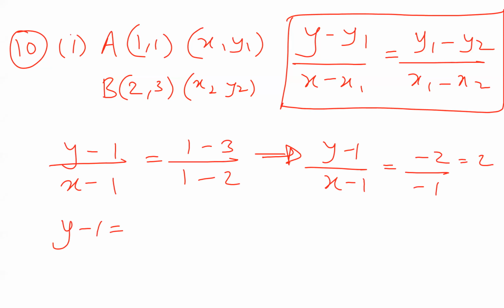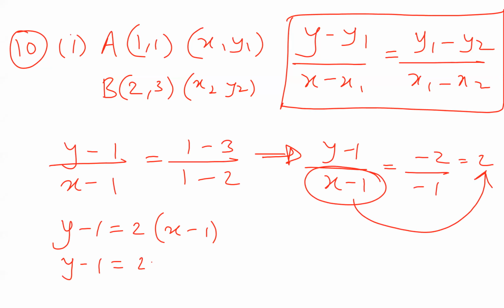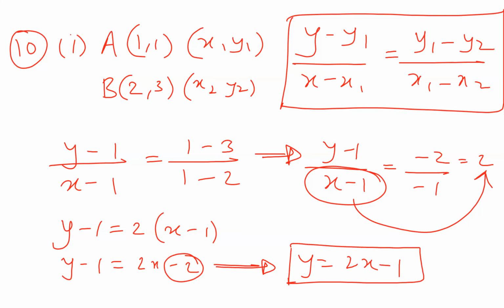So y minus 1 is equal to 2 into x minus 1. This thing will get cross multiplied over here. y minus 1 is equal to 2x minus 2. So this can be written as y is equal to 2x minus 2 plus 1. Minus 2 plus 1 will be minus 1. So this is the equation of the required line.